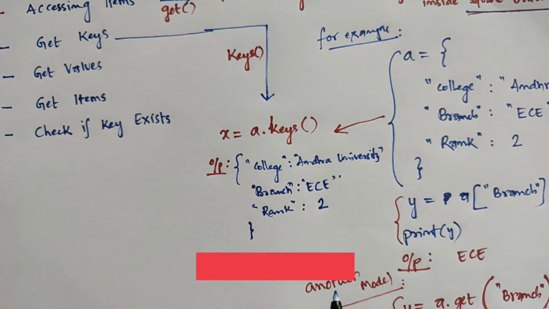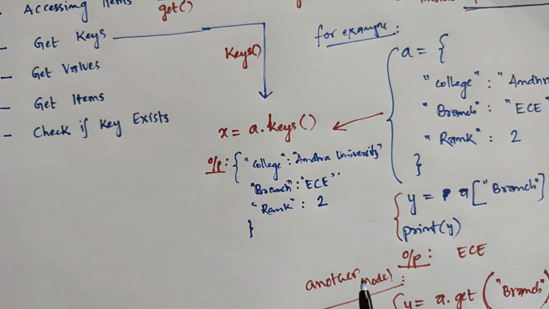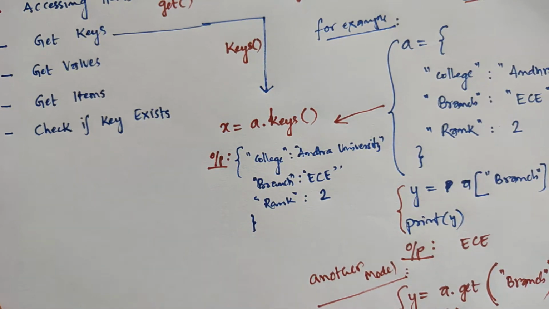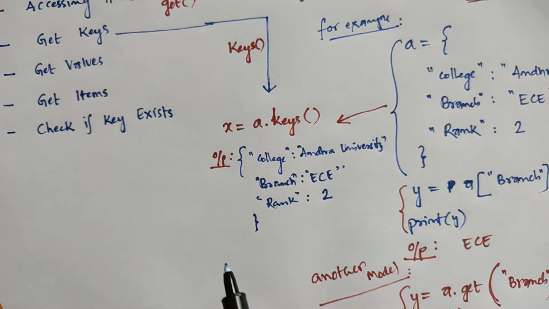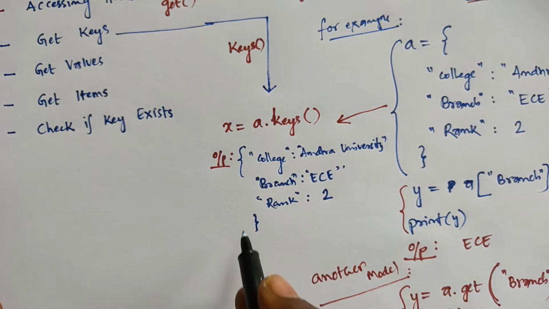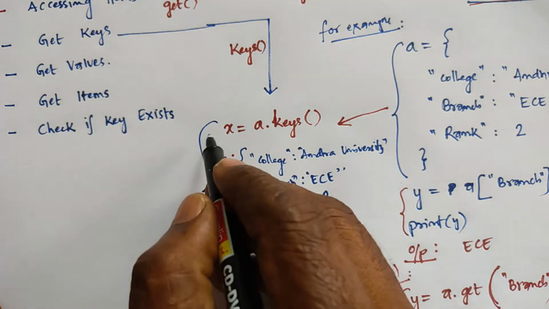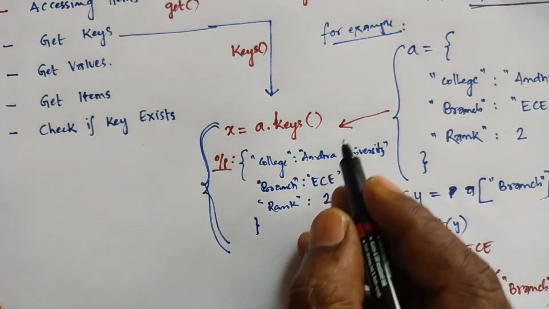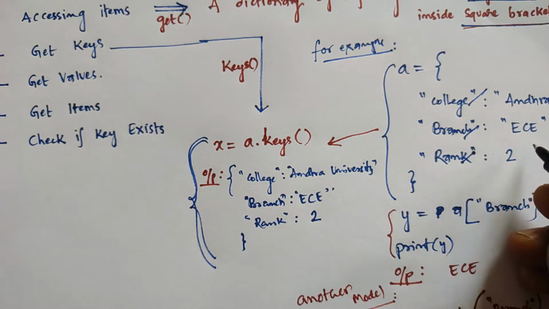The list of keys is a view of the dictionary, meaning that any changes made to the dictionary will be reflected in the keys list. For example, if you add a new item to the original dictionary, you will see the key list gets updated as well. Take the same variable a having college, branch, rank. Now I change the branch name.